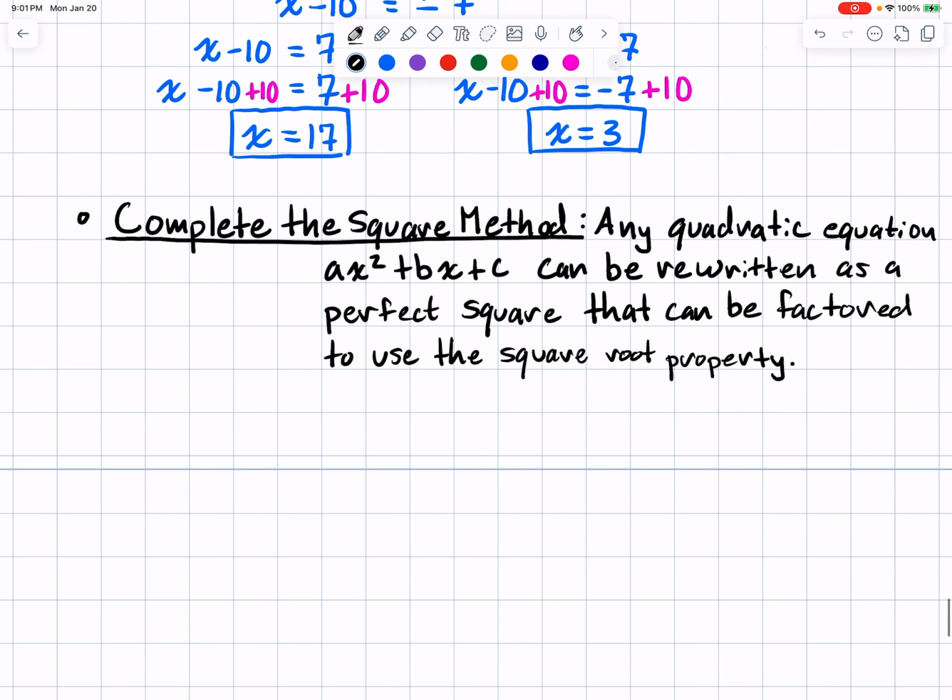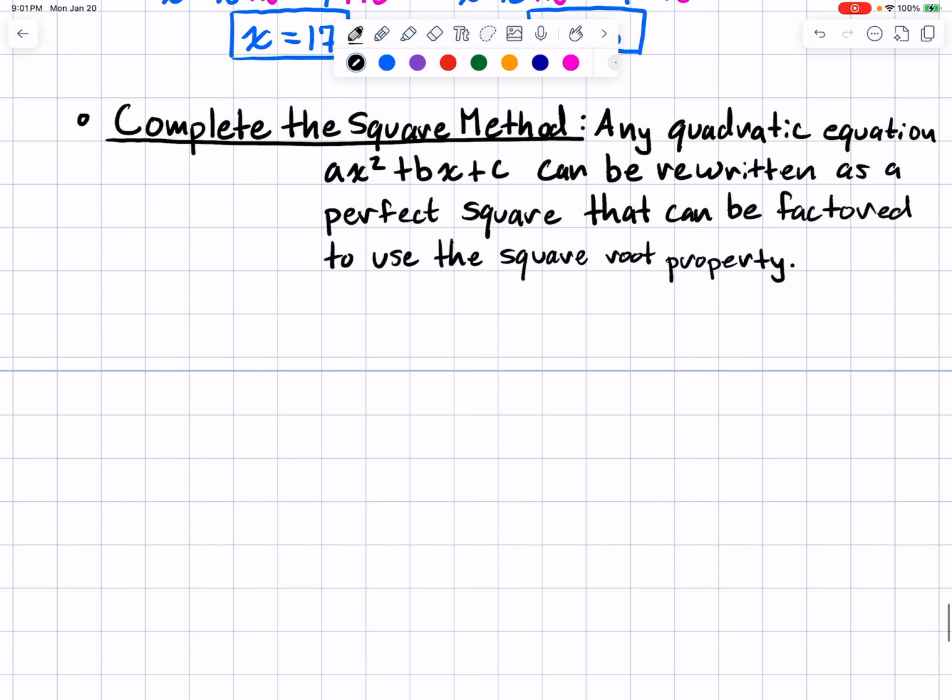Okay, I'm going to write out the steps for completing the square. You did see this in your book, but I actually changed the steps a little bit to make them a little bit easier for everyone. So here are the steps for completing the square.